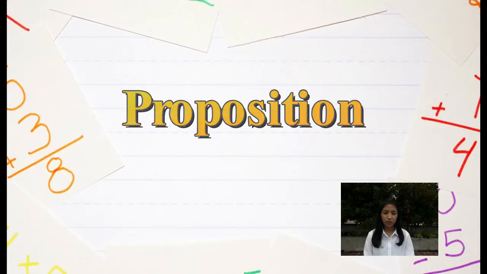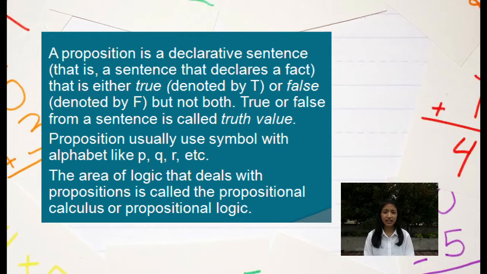Proposition. A proposition is a declarative sentence, that is, a sentence that declares a fact that is either true, denoted by T, or false, denoted by F, but not both.